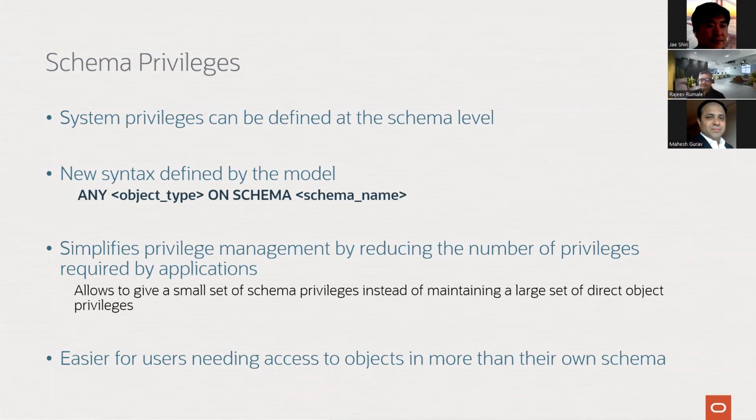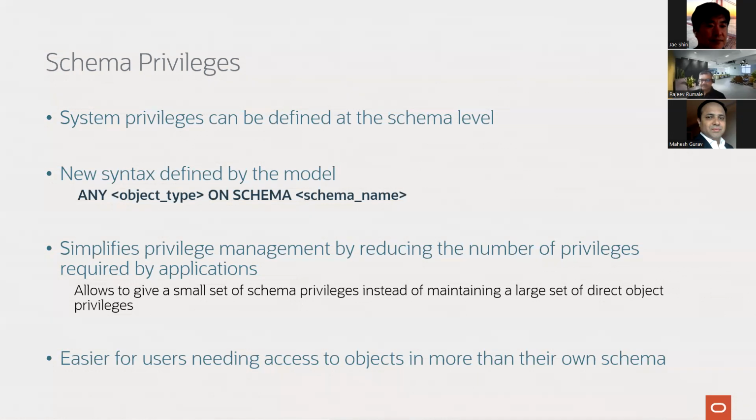Apart from this, we generally have multiple schemas used in an application, and there may be multiple applications connecting to the same database, trying to access multiple schemas, right? So in such scenarios, one schema needs to grant access to the other schema's objects, right? And this becomes pretty complex for us to manage, right?